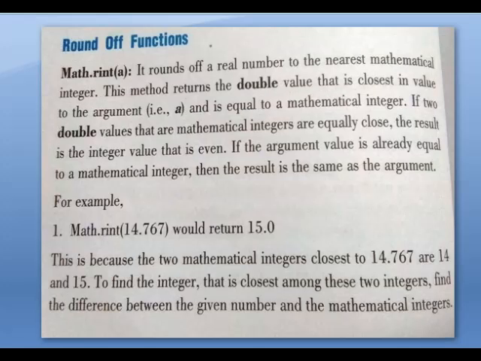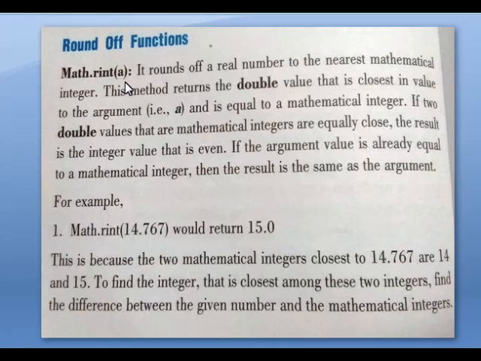Now we are going to see the round off functions. First one is Math.round. Math.round means it will give the rounded value. If the given value is a decimal value, it will see the number just after the point.